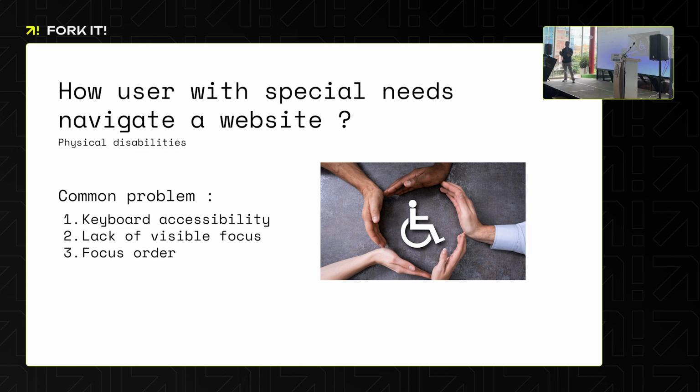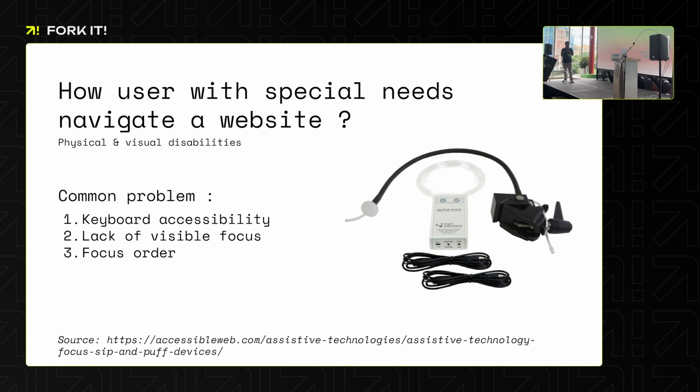In the wild field right now, people with physical disabilities may not get keyboard accessibility because right now the web normally does not fully support keyboard accessibility, and then the focus order, the lack or missing focus order, etc. The other thing for physical and visual disabilities is the same: lack of keyboard accessibility, lack of visible focus, and the focus order.